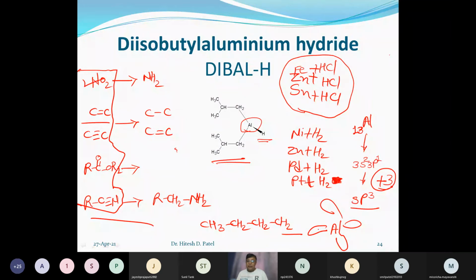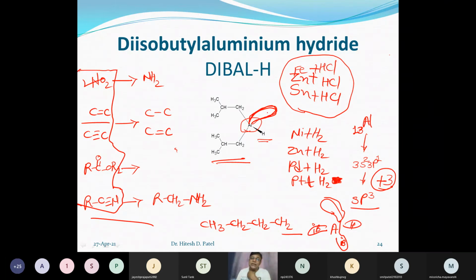Now out of 4 orbitals, one is substituted by isobutyl, the second is isobutyl, the third is hydrogen, but one orbital is vacant. This aluminum has one empty orbital, and due to the availability of this empty orbital, we can use it as a reagent for the reaction.